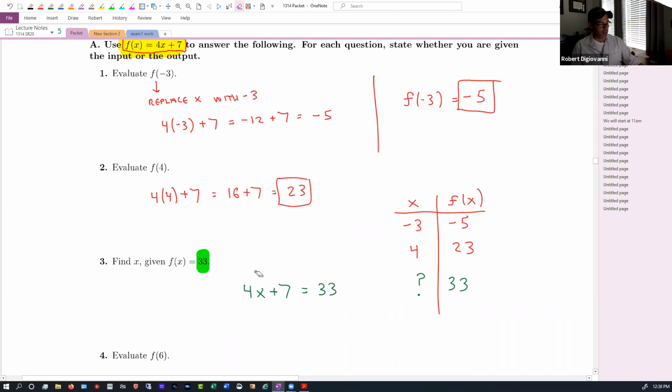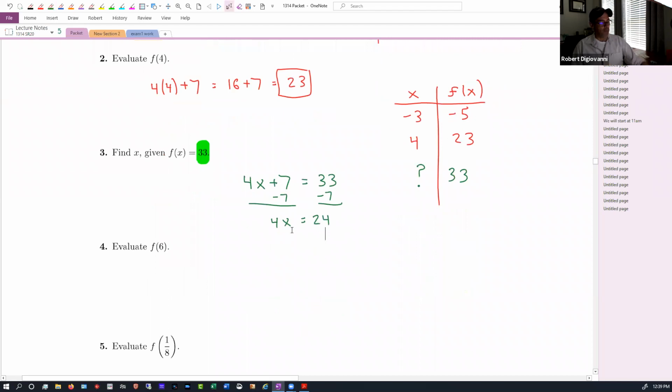And so we'll just start off by subtracting 7 from both sides, get 4x equals, and then let's see, is that 24? 33 take away 7. And then we will divide both sides by 4. And that will give us x is 6. So that's our answer, x is 6. So we know that if we plug 6 into the function, it's going to spit out the 33.